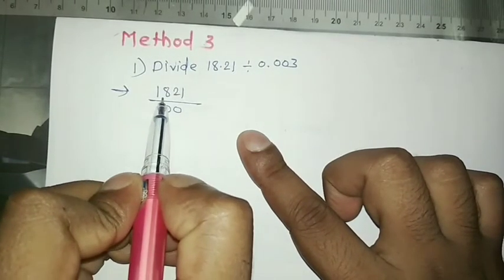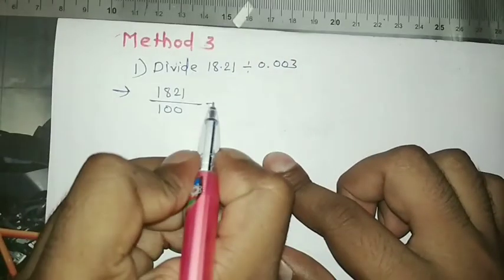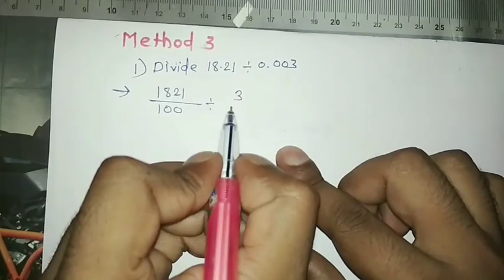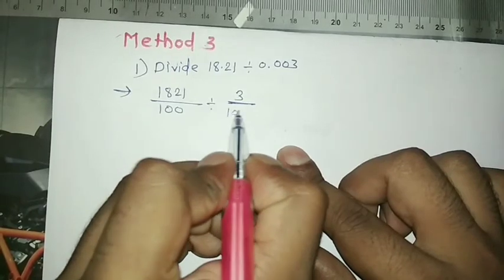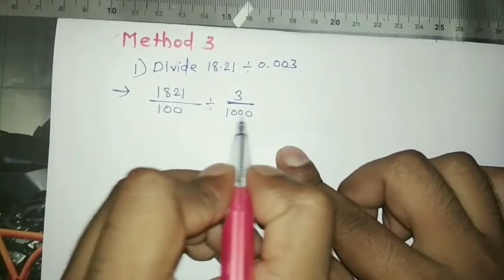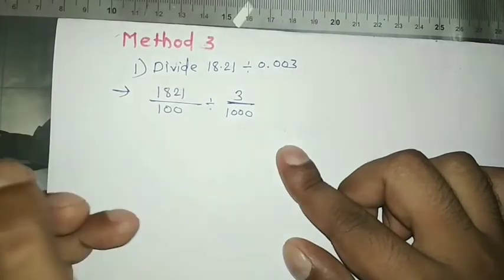In the same way, I write 0.003 as 3 divided by 1000, because there are 3 decimal places. So 3 divided by 1000 means 0.003.